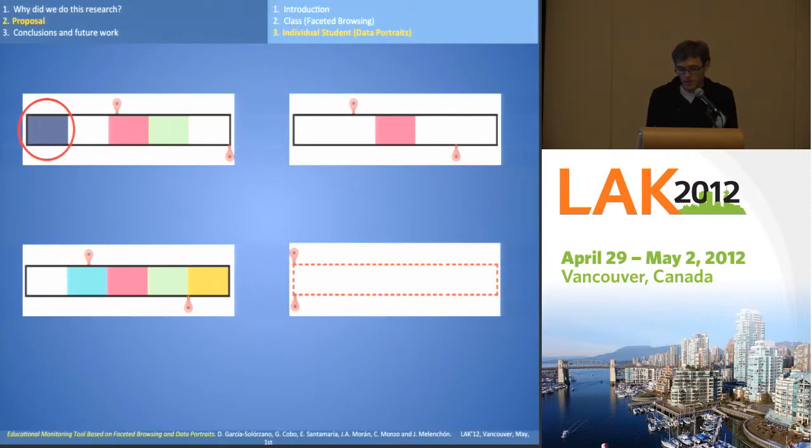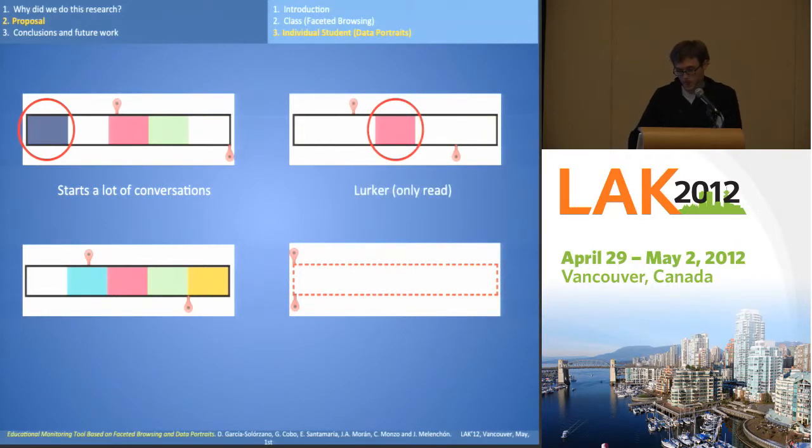So this student is an active student, who starts a lot of conversations. The second one, we can see that he or she only has color in the fourth square. That means that he or she reads a lot of messages, but doesn't write anything. So he or she is a lurker.